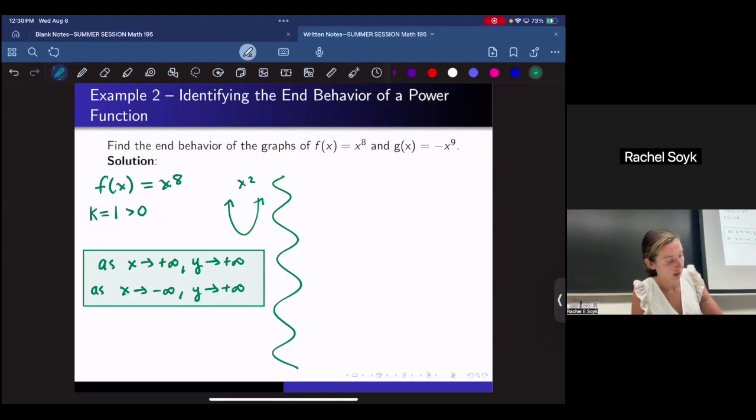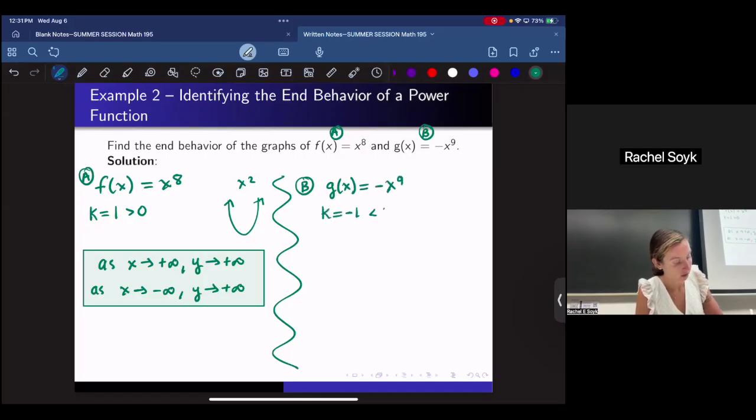And then we have negative x to the 9th, which is an odd degree polynomial. But in this case, our k is equal to negative 1, which is less than 0, so it's opposite. So our x to the 3rd is usually like this, but our negative x to the 3rd is flipped.